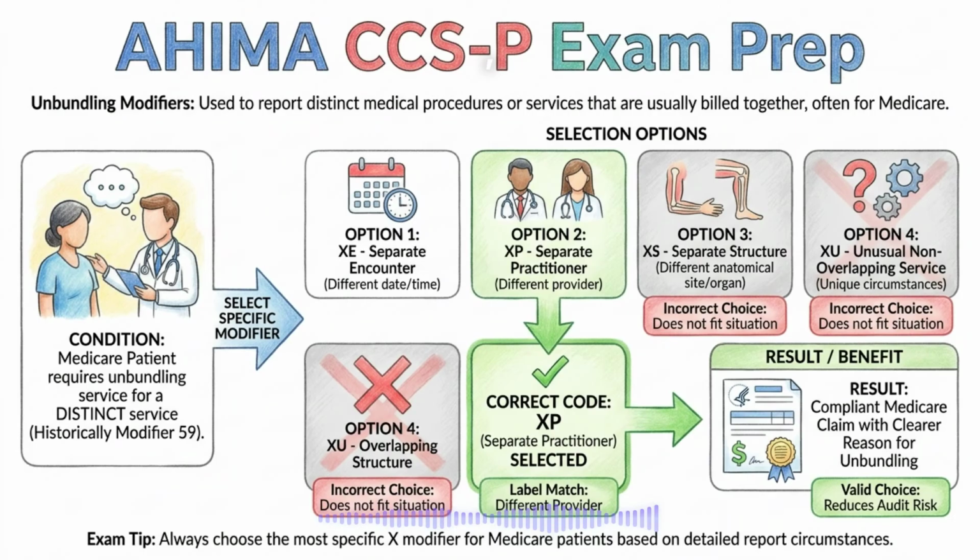When coding for Medicare patients, you should always use the specific X modifier if it fits the clinical situation instead of the generic modifier 59. The exam will definitely test your ability to choose the correct X modifier based on the detailed circumstances of the surgical report.